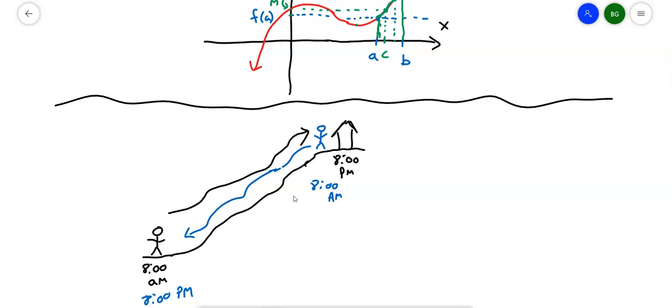And so the problem is, we're going to show there is a time where he was at the same altitude on both days at the same time.